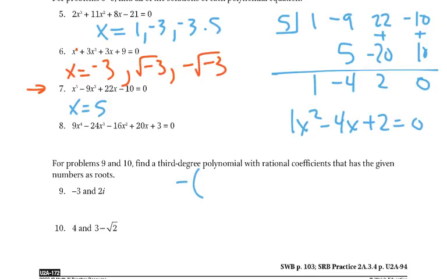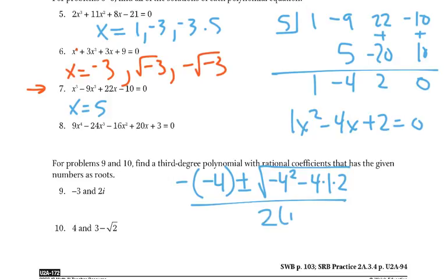So the opposite of b being negative 4, plus or minus square root of b squared, negative 4 squared, minus 4 times a times c over 2 times a. Okay, then we simplify. This becomes positive 4, right? Negative 4 squared becomes positive 16 minus 4 times 2 times 1 is 8 over 2 times 1, which is just 2.